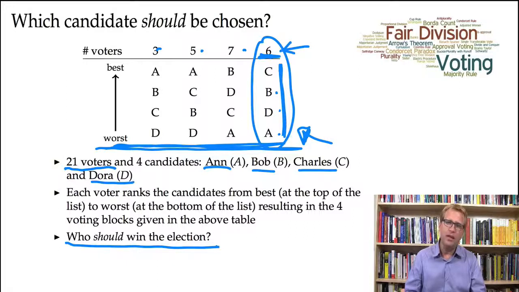What I would like is for all of you to pause for a second and take a survey. There'll be a link, and you follow the link, and you'll be able to take a survey where you will answer this question. I want you to answer this question just based on your intuitions. You look at the data, you say, these are the preferences that I see, and who should actually win the election?